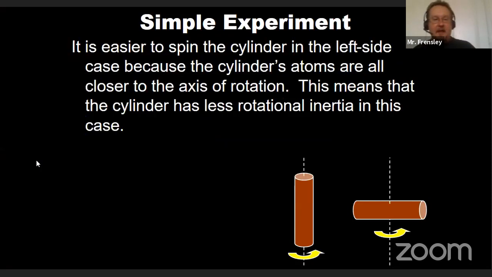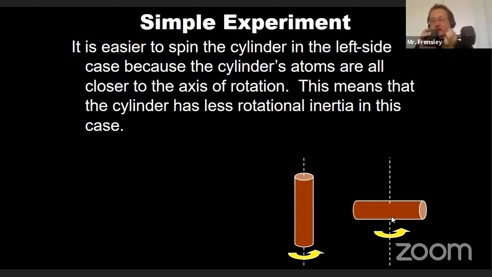So in the case on the left here that I'm pointing out with my mouse, that would be easier to spin, get it going and get it stopping, because the mass is close to the center. Whereas on the right-hand side, that's going to be more rotational inertia because the mass is far away from the center. And then if I grab it by the end, which is really difficult to do because it's 20 pounds, now there's even more mass away from the center.